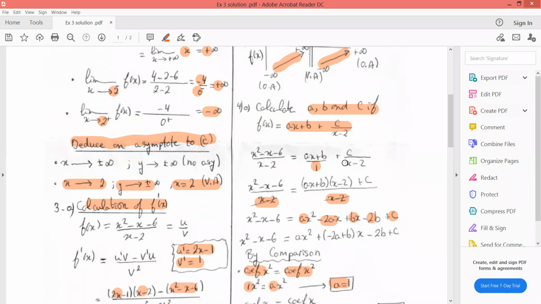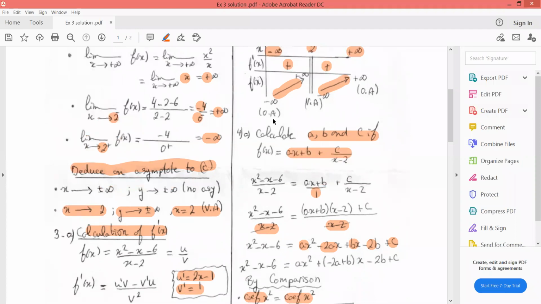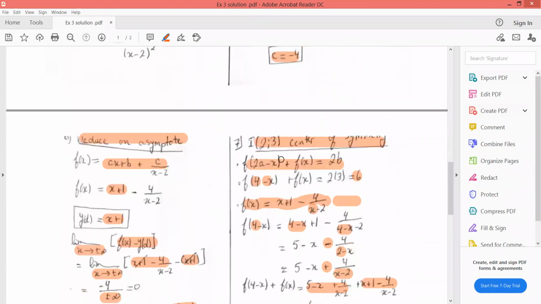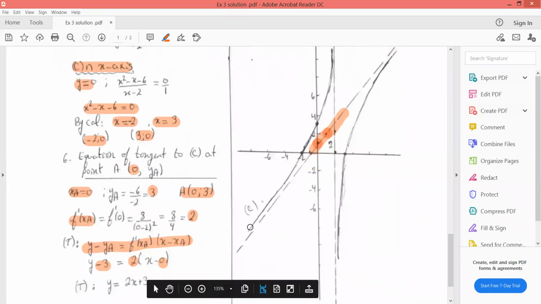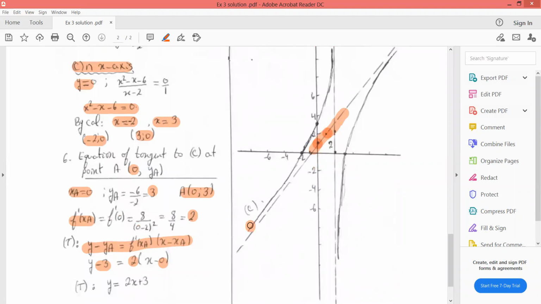So the first branch, the curve is increasing from -infinity near the oblique asymptote, and it increases to 2 plus infinity. It starts from -infinity here. Then if you take particular points, you will find, and it increases to the point 2 plus infinity.